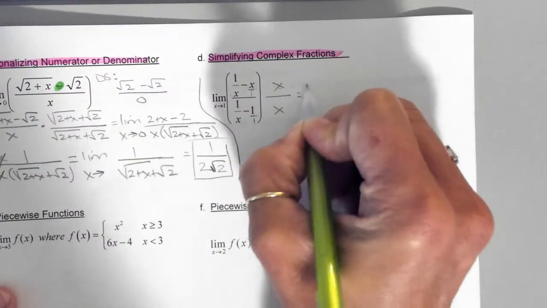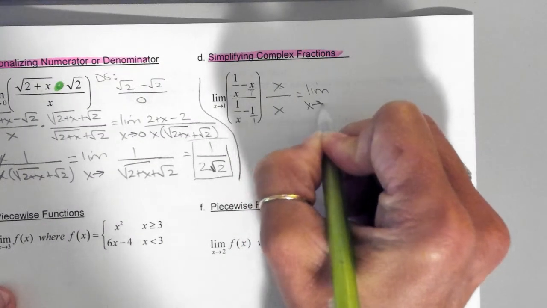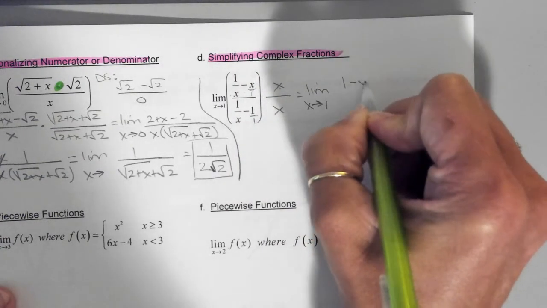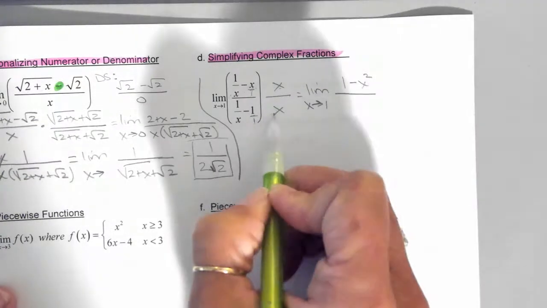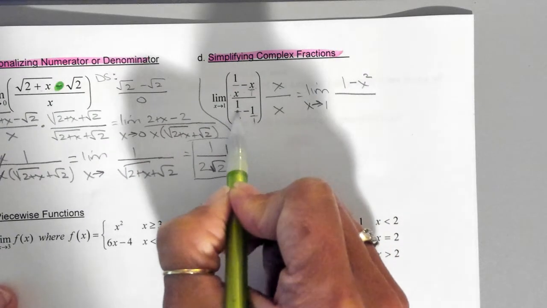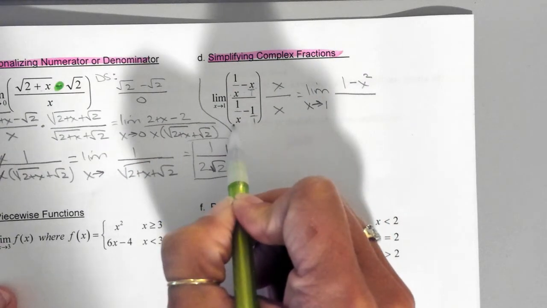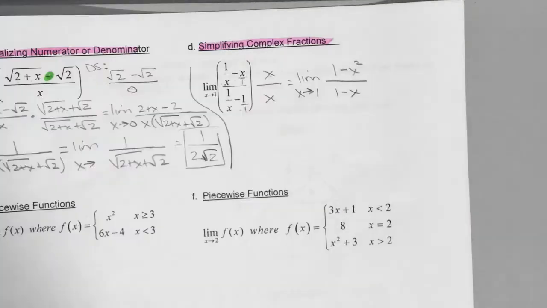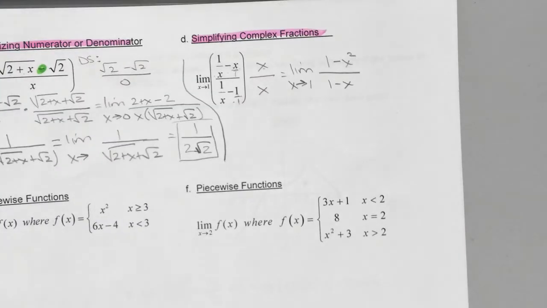So we have the limit as x approaches 1. You told me that when I distribute here, this becomes 1 minus x squared over, what happens when I distribute here? 1 minus x. We have simplified the complex fraction.